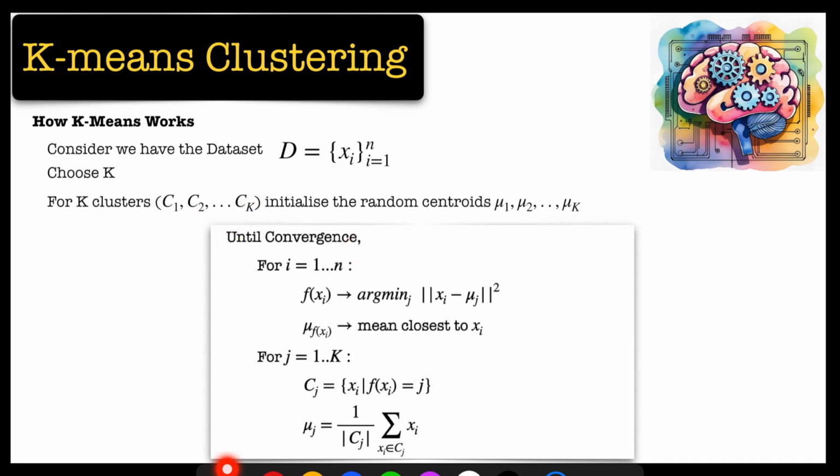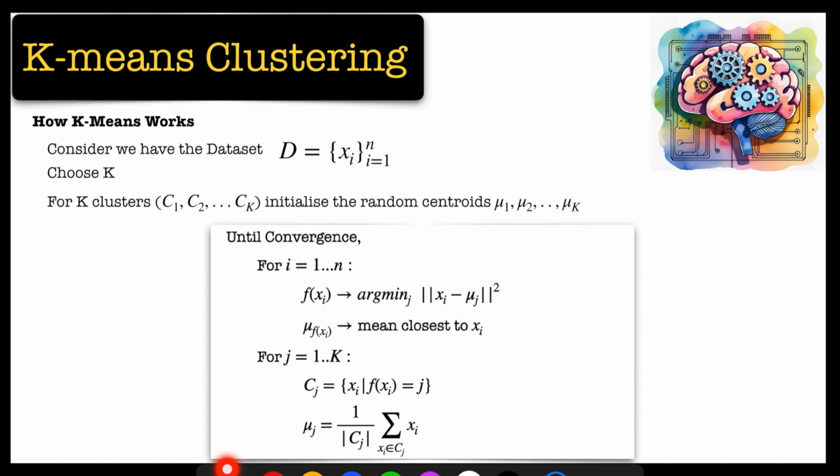So until convergence, what we will do? For i equals 1 to n, that means for all the data points, we are calculating f of xi, that is argmin over j of the norm of xi minus mu j, whole square. So this is the squared Euclidean distance of xi and mu j. What is mu j? The centroid of cluster j, right?